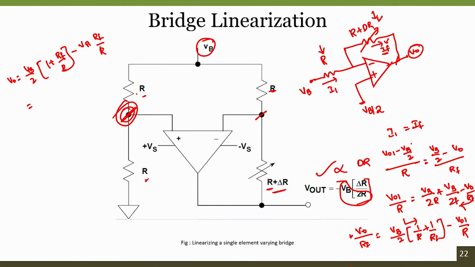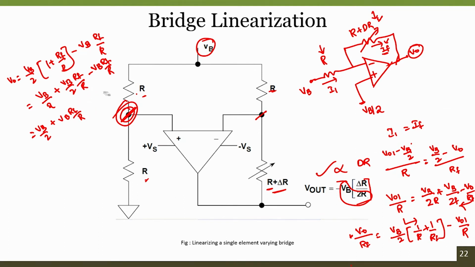Taking VB as common, VB by 2 plus VB by 2 into Rf by R minus VB into Rf by R, which is equal to VB by 2 plus Rf by R. If I take VB into Rf by R common, 1 by 2 minus 1, which is minus 0.5.